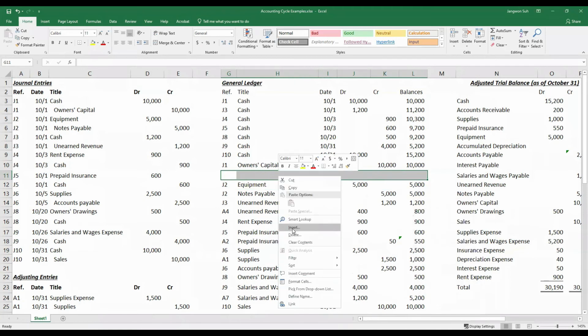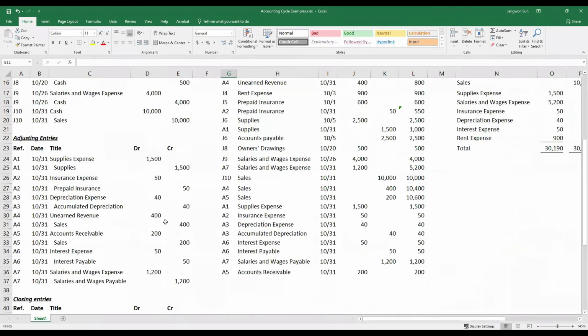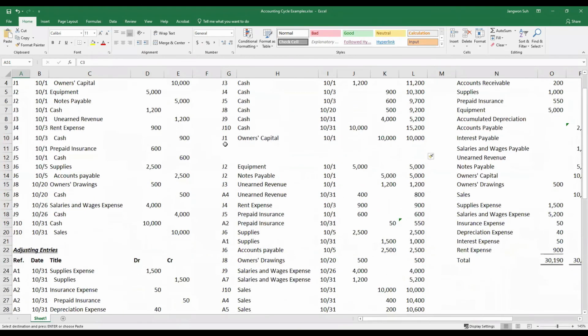Insert. One more or not? I think we can stop it. Where is it? Owner's capital, C3, right? Wow, it's a lot, right?